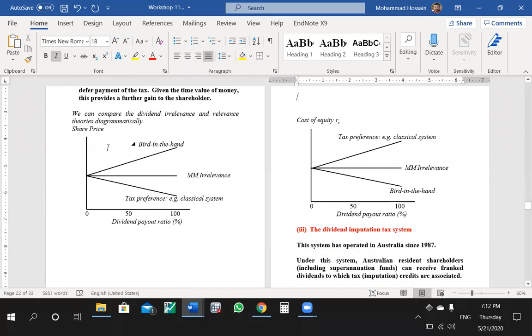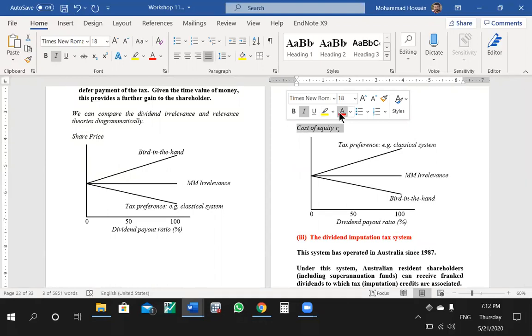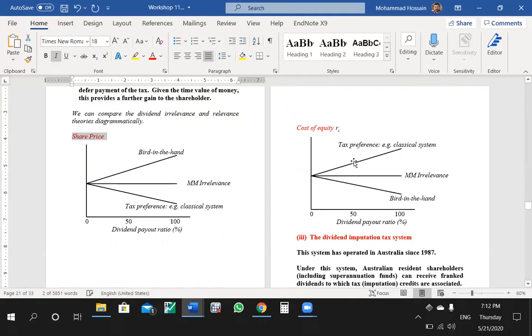This is a diagram they're trying to show you here. One is with share price and dividend payout ratio. Another one on the other side is cost of equity, and this one is share price, two different. So you have your cost of equity, other side is dividend payout ratio.